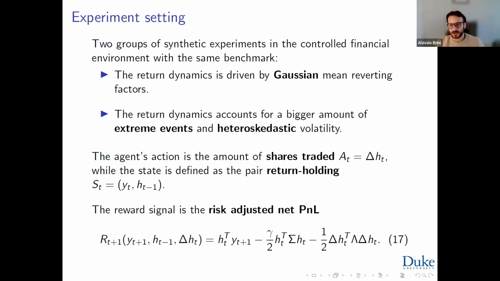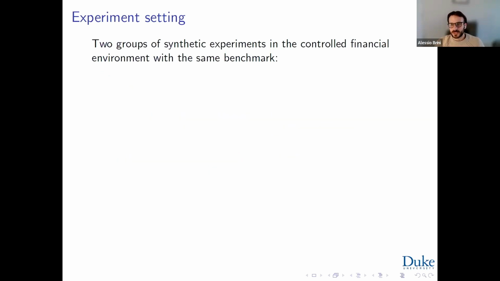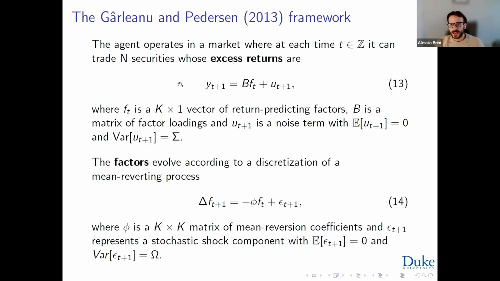But it's not necessarily optimal because the data do not necessarily follow this dynamic. So you cannot assume that for real the market dynamic is going to be a sum of mean reverting factors. So this is the first challenge, because you don't have a benchmark and you don't know exactly if you're learning or not.